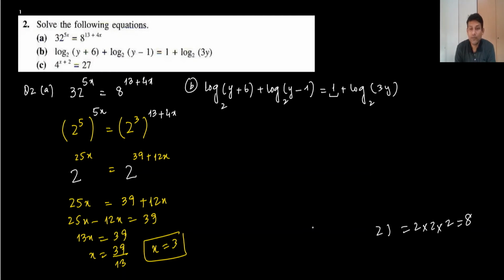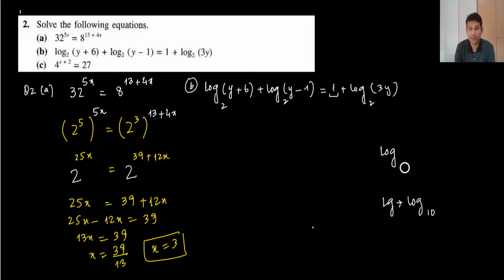One more thing, very important. Remember, when you have log and you don't write anything here, it is a mistake. You have to write something here. This is not automatically 10. When you want to write 10 here, this will become lg. lg means log base 10. But when you write log, you have to write a base.